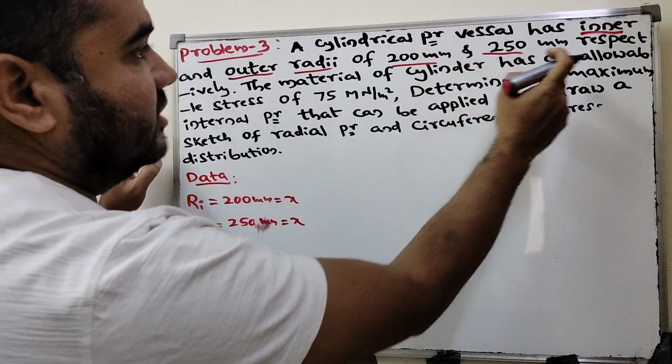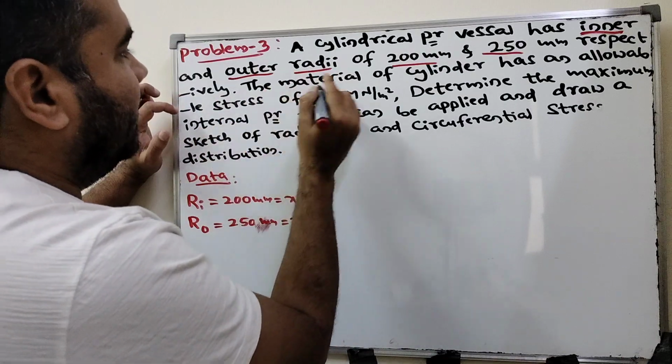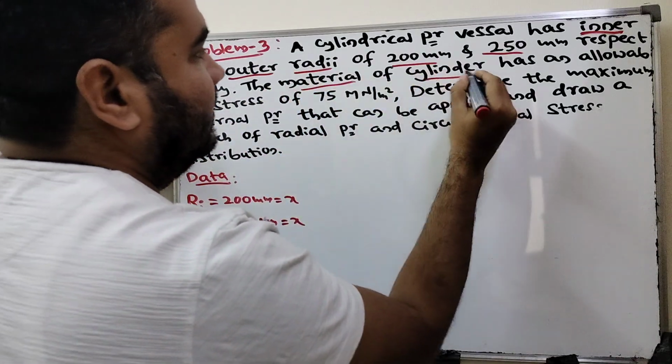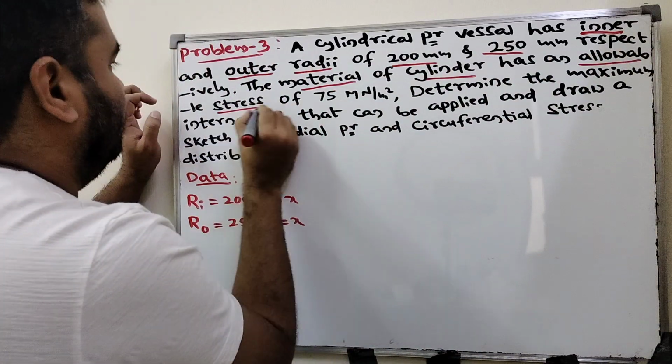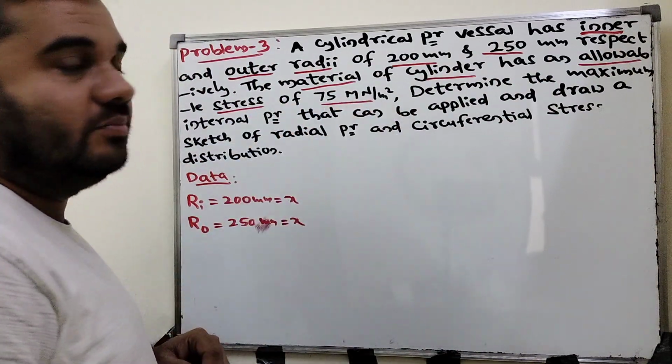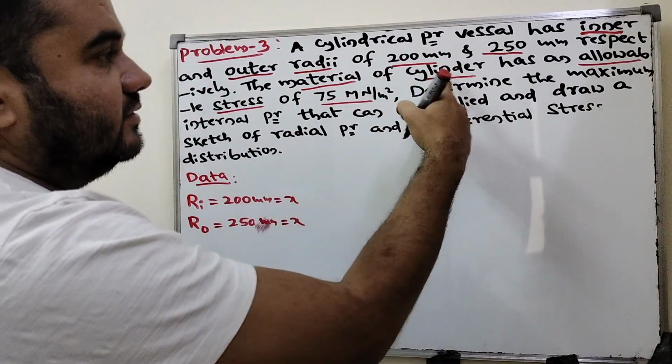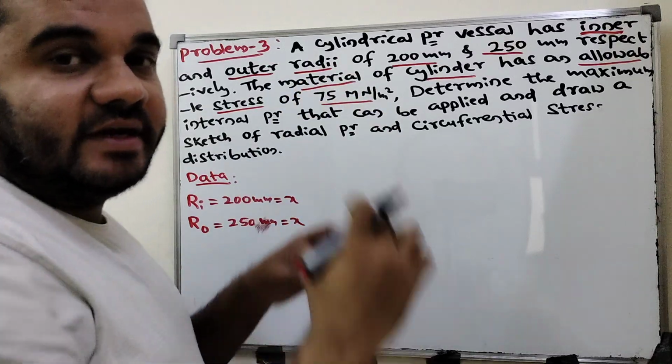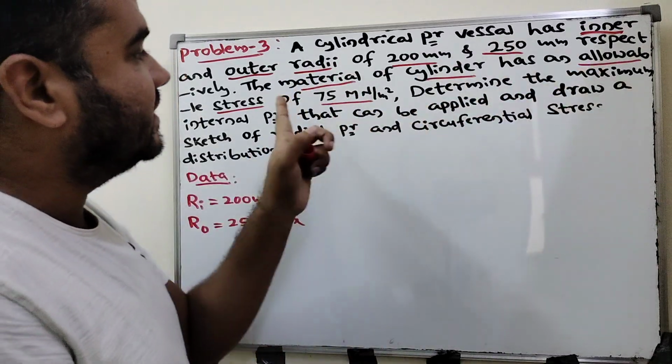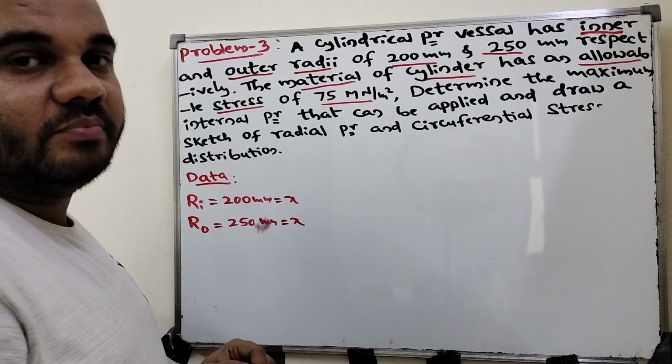We'll check that respectively. The material of the cylinder has an allowable stress of 75 meganewton per meter square.